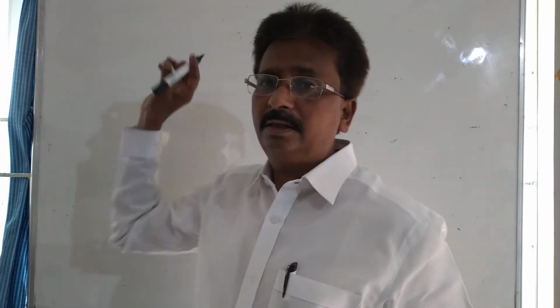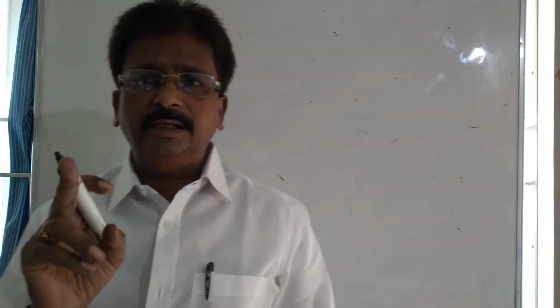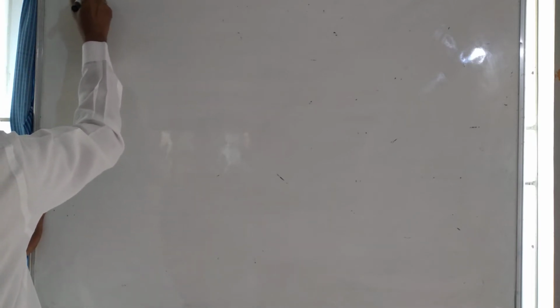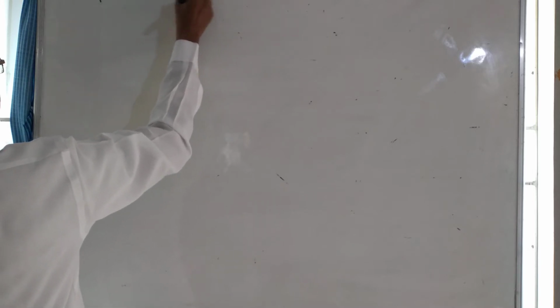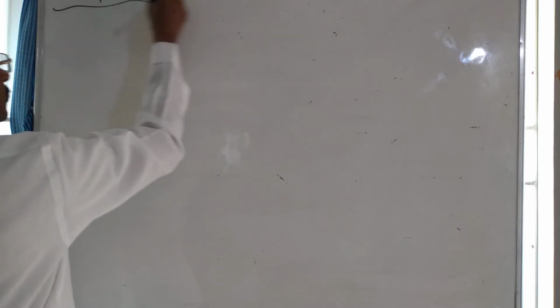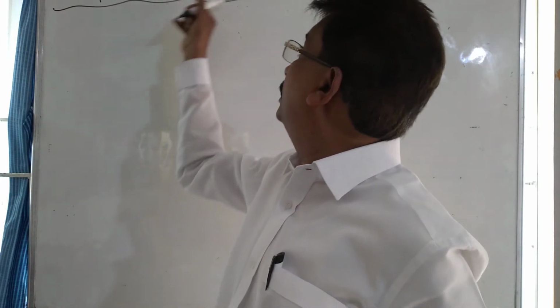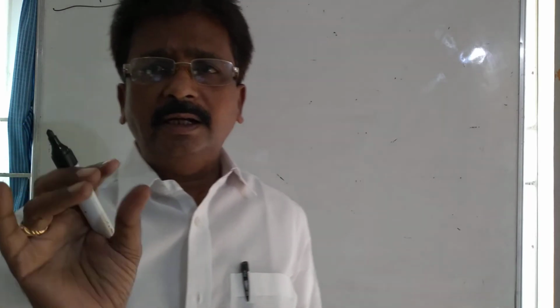Okay, next let us go for the next point, the 9-point circle center. The 9-point circle center is denoted by the letter N. 9, first letter N, therefore it is denoted by capital N. What is the 9-point circle?